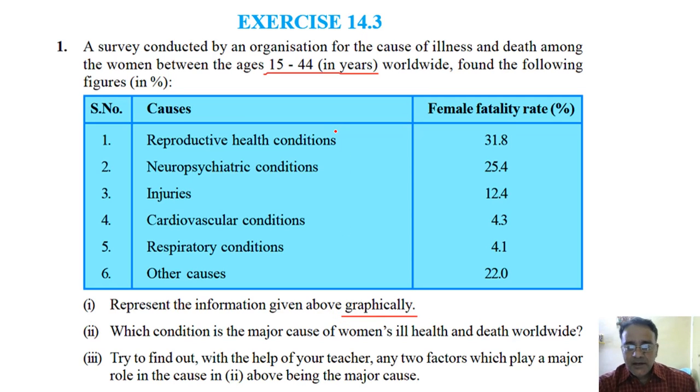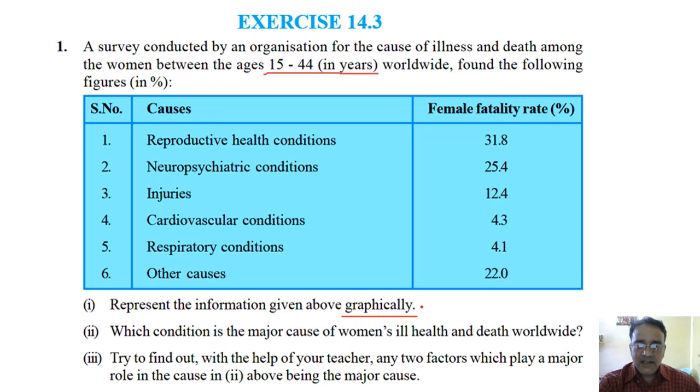See, here only bar graph is possible. For frequency polygon and histogram, the data should be in grouped class interval form. Histogram you already studied last year in class 8. So only one graphical representation is there that we can draw, that is bar graph.